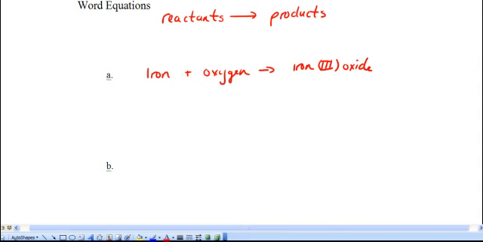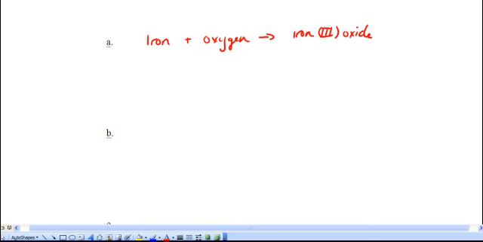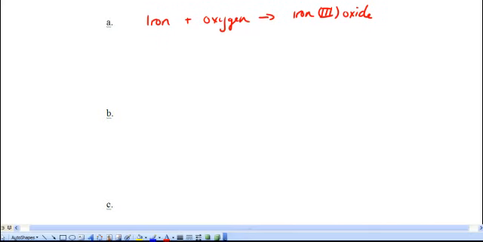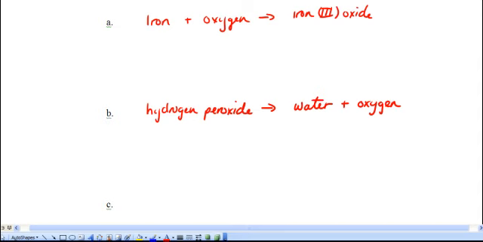Another reaction might be taking something like hydrogen peroxide. So we have hydrogen peroxide producing water and oxygen. You're going to learn that that's a decomposition reaction.